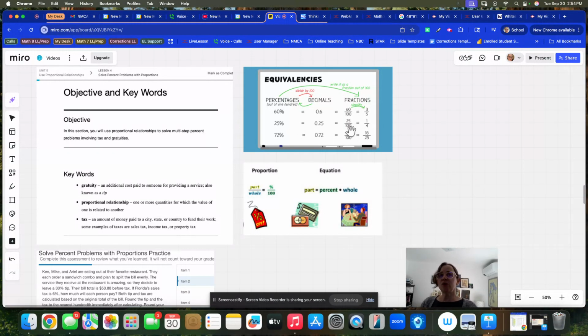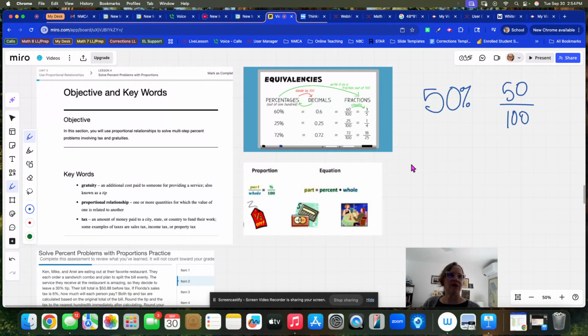If you don't know how to convert between percentages, decimals, and fractions, that's what's in this top chart here. Okay, but the long and short of it is, if you have 50%, that means 50 per 100. Then you can just divide in a calculator to turn this into a decimal.